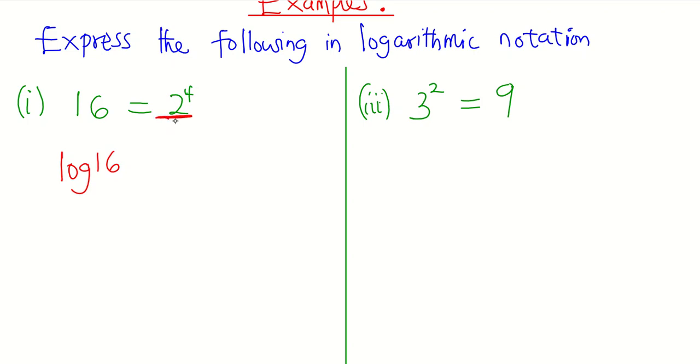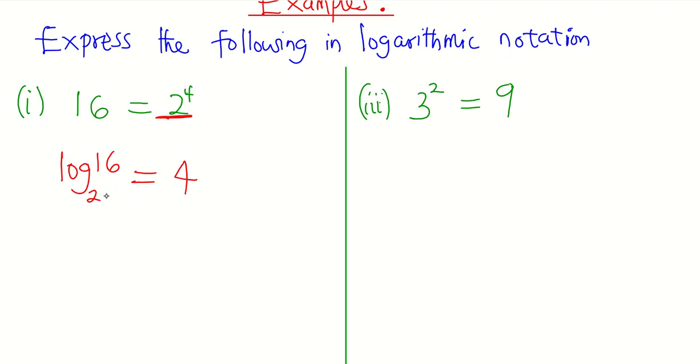In the logarithm part, it bears the same position as the base, so we have 2 here. The only number left is 4, at the back of the equal sign, so it maintains its position. That is how you express 16 equal to 2 exponent 4 in logarithm form.